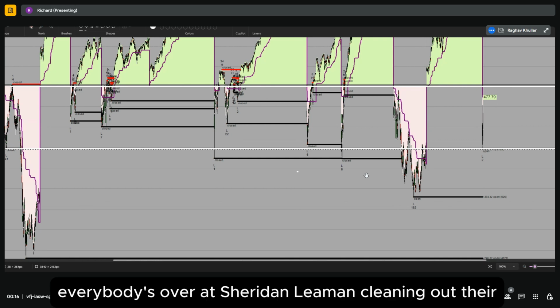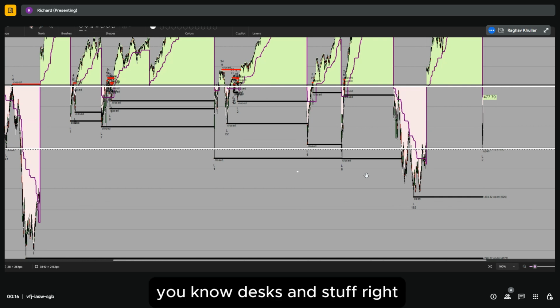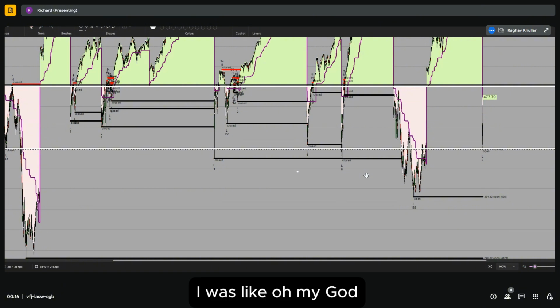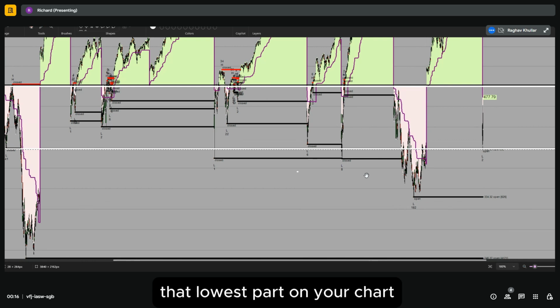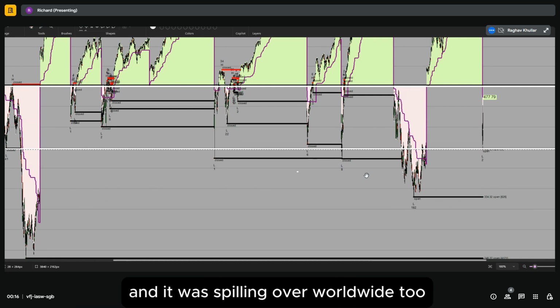Everybody's over at Lehman cleaning out their desks because the firm is closing down. I was like, oh my God. I can't remember the specific date, but I wouldn't be surprised if it's that lowest part on your chart, Big Un, down at the bottom. It was like the whole world was coming unglued at that point, and it was spilling over worldwide too.